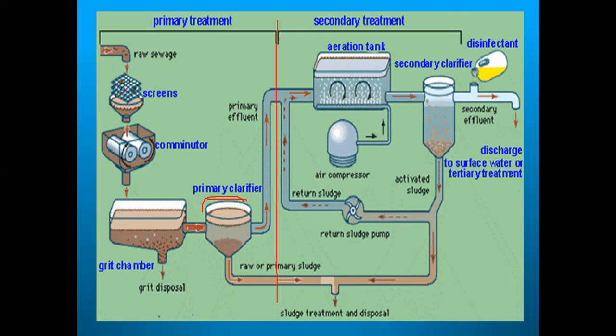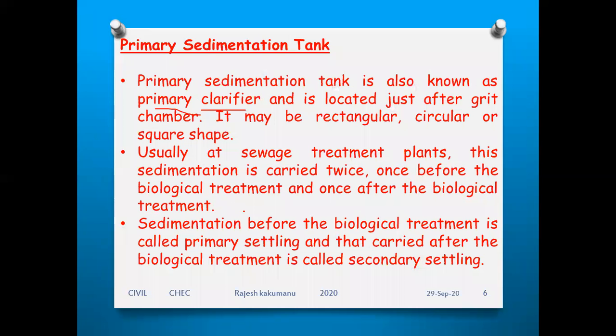From the screen section, it passes to the comminutor section, then to the grit chamber section, and from the grit chamber it goes to primary clarification. This is the entire primary treatment process, right? The primary sedimentation tank, also known as the primary clarifier, is located just after the grit chamber.